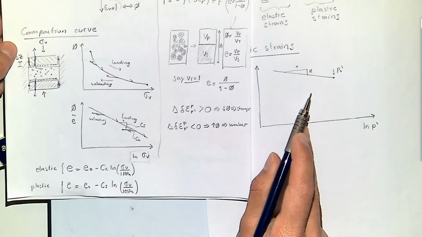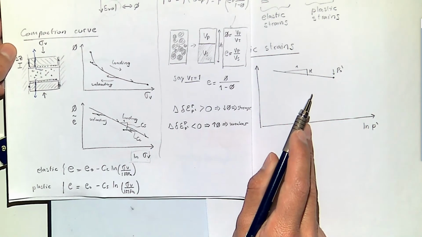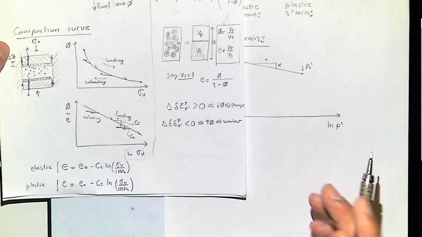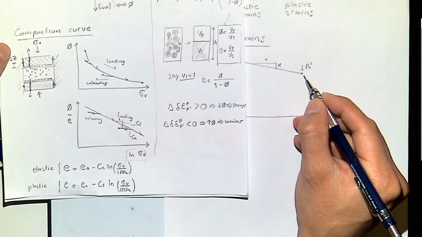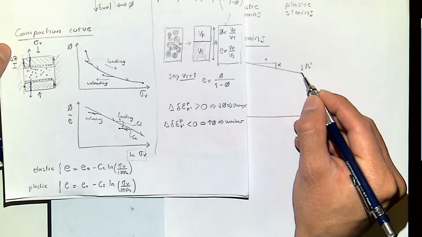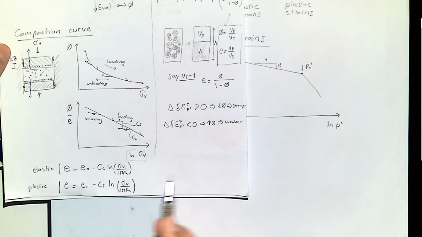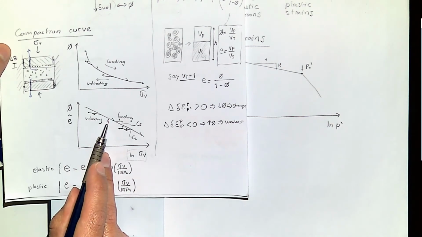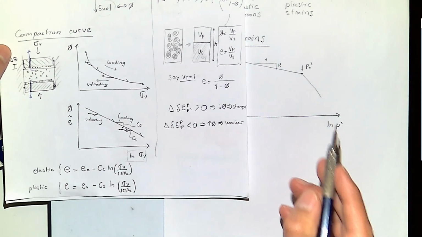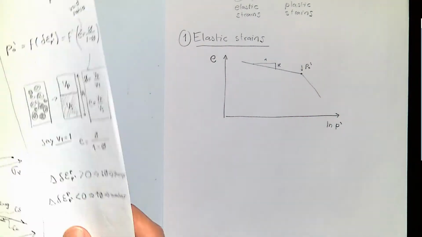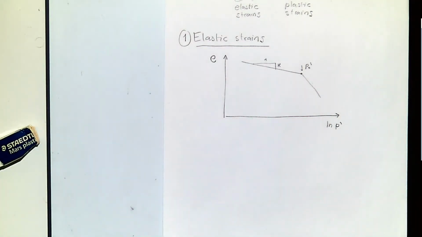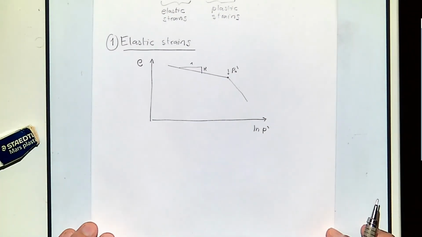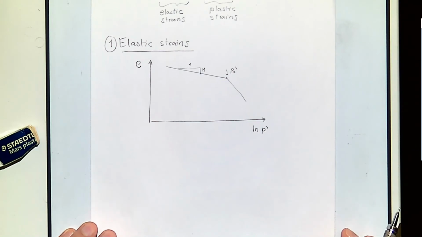And this one is exactly the same, but I'm going to draw this line, but we're not going to use it right now. After it gets to that point, we get into the plastic part. But we're not going to use it now. It's just a compaction curve, but for this one it will be under isotropic loading.